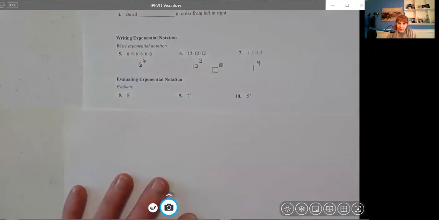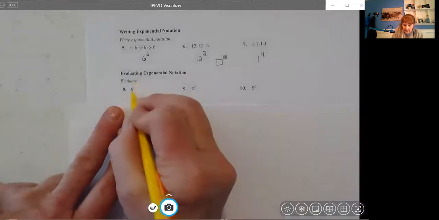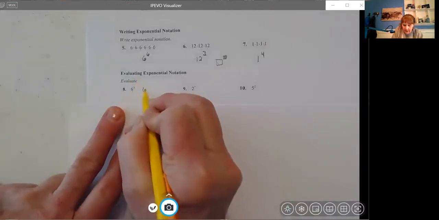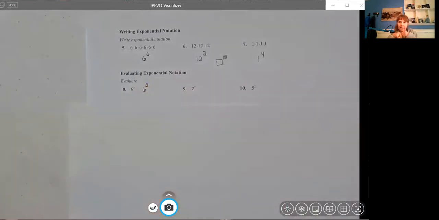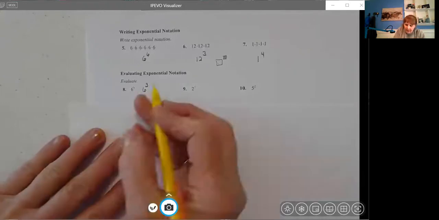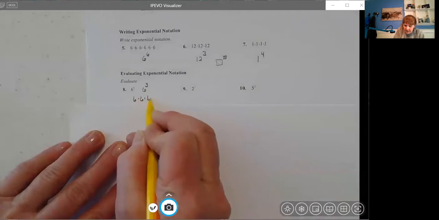Now we're going to evaluate these. When you evaluate, again, this is kind of small, so I'm going to write it bigger. This is 6 cubed, or 6 to the 3rd, and it's not 18. A lot of students will do that. They'll just multiply the 6 and the 3 together, but that's not correct. You need to take 6 times 6 times 6.